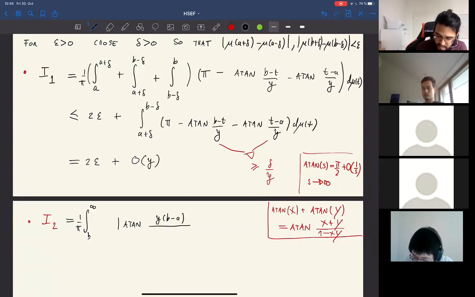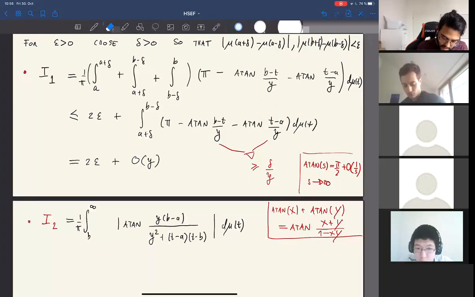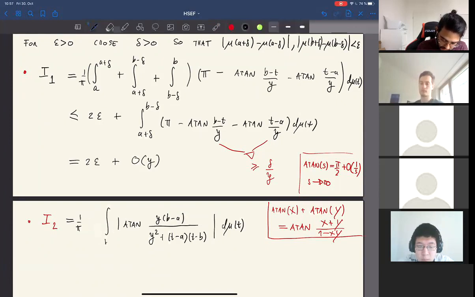Well, you have to apply this identity with these guys here, so there is a computation to be made again, but then you get this plus t minus a, and then t minus b, dmu of t. But again, what I'm going to do is separate this into parts: b plus delta to infinity, and the first one just from b to b plus delta.